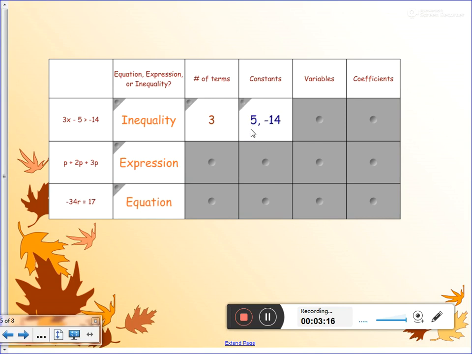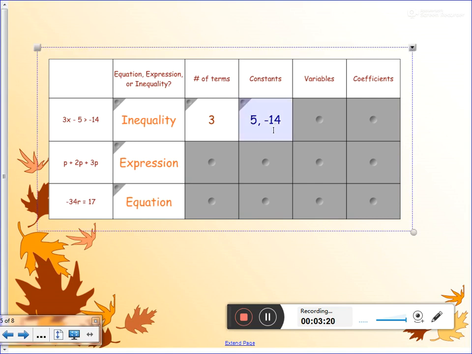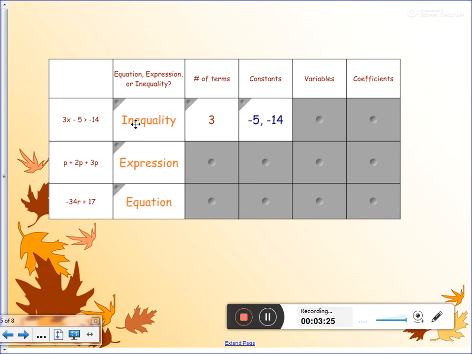Okay, so 5, and if you want to put the negative sign in front, you can do that too. And then negative 14. Okay. And then let's talk about the variables. We have a letter here, which is the letter X. So that is our variable. Okay. And then that variable has a number in front of it. The number 3 right there, that's our coefficient.